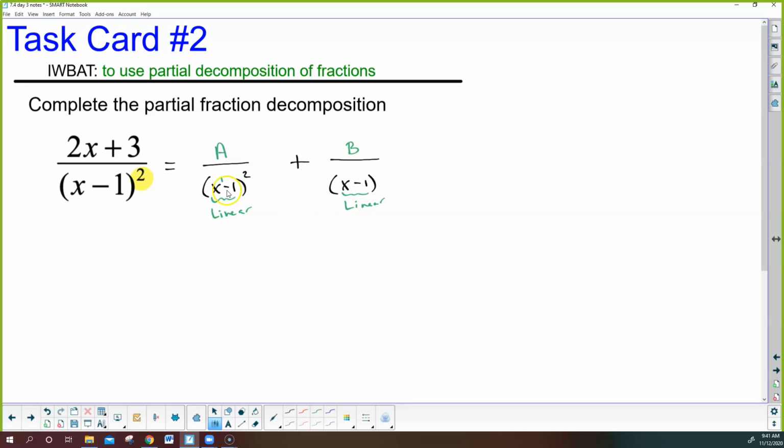All right, so now we're looking for the common denominator out of all these, and the common denominator is always going to be the factored form of the original denominator. What we're going to do then is multiply every single piece by that denominator.